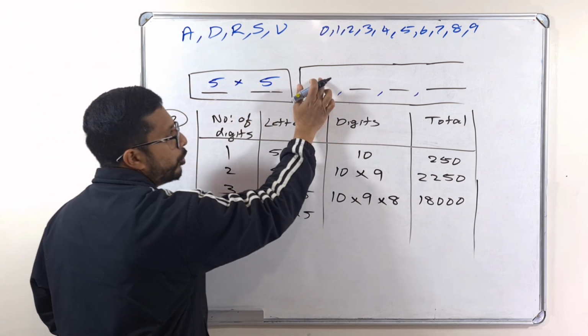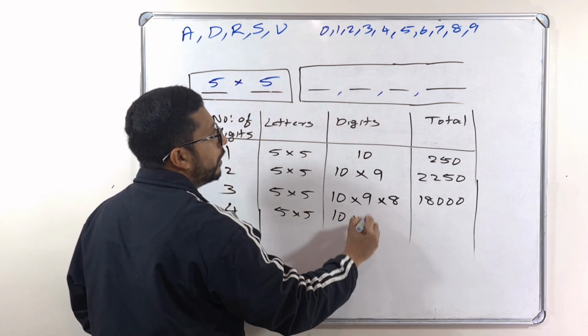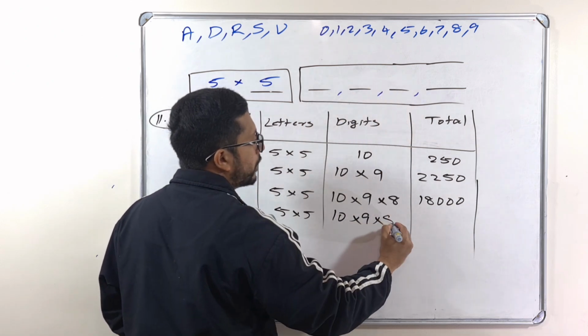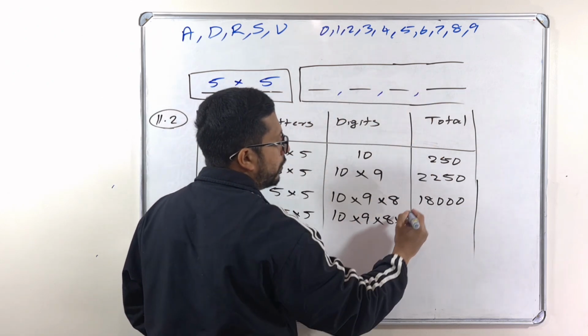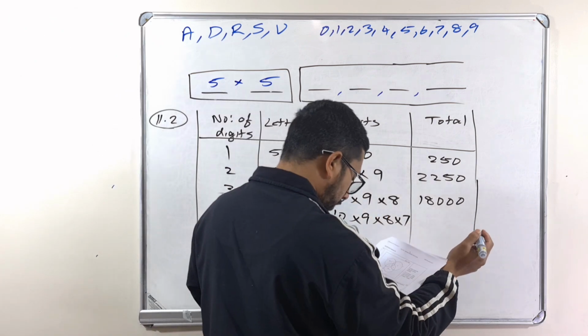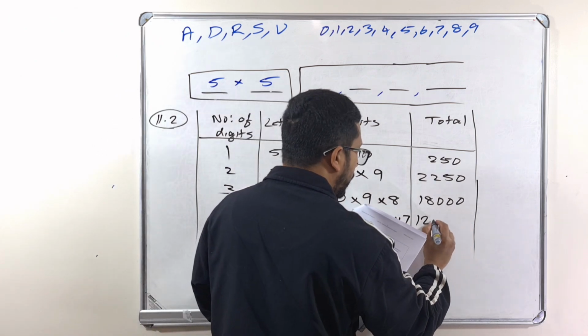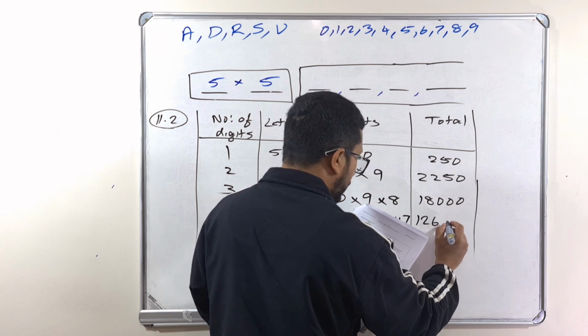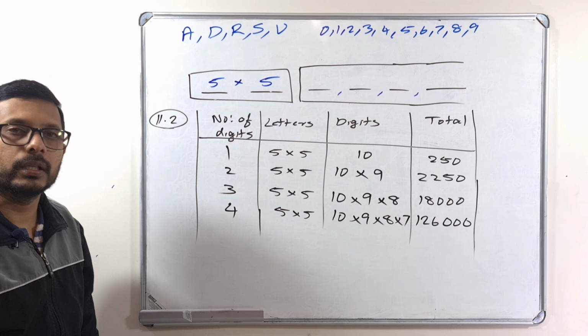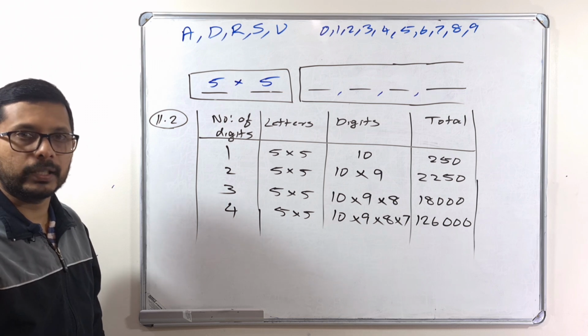Then numbers: 10 options, then 9, then 8, then only 7. Check in your calculator how many different codes: 126,000 different codes you can make.